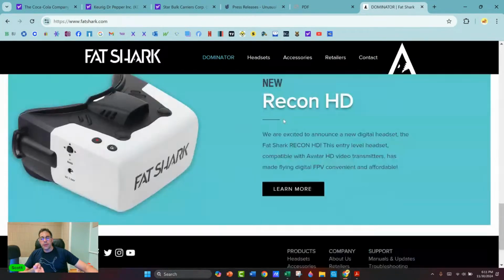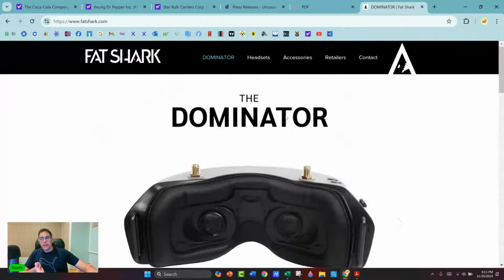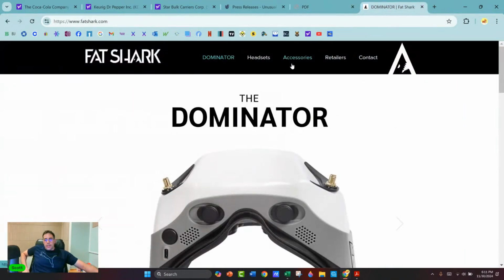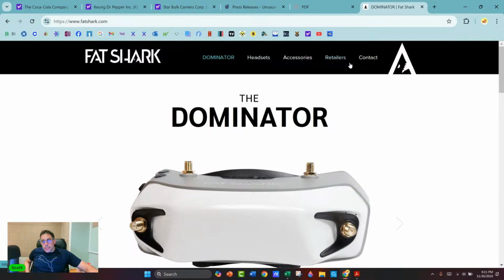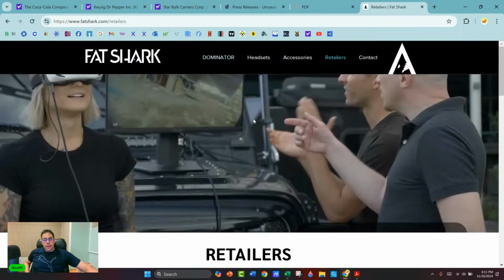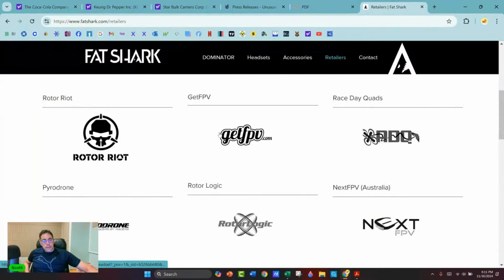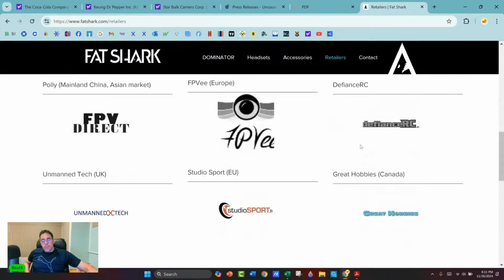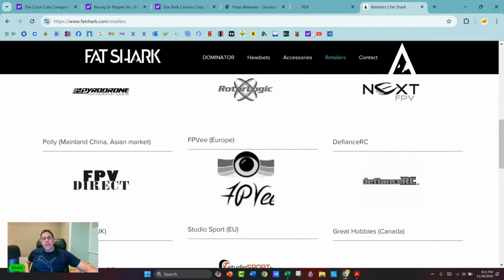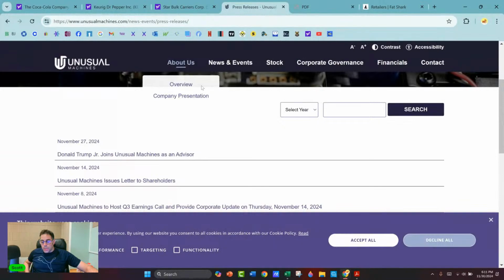This Fat Shark is a real company. Fat Shark sells Fat Shark drones, that's obviously what they do. They manufacture drones, and these are retail stores that sell their products. So if you want a Fat Shark drone, you can go to these retail stores. I don't see how Unusual Machines is connected.